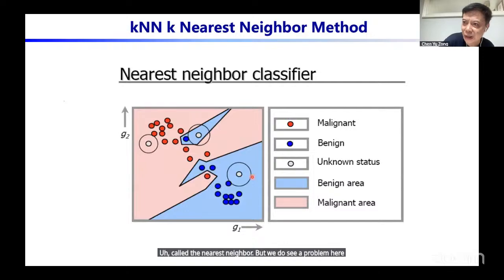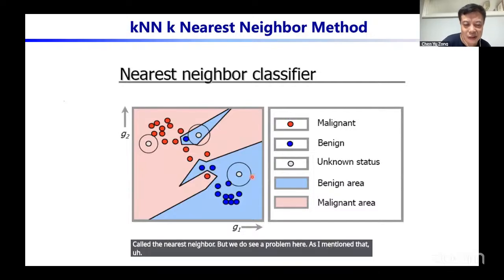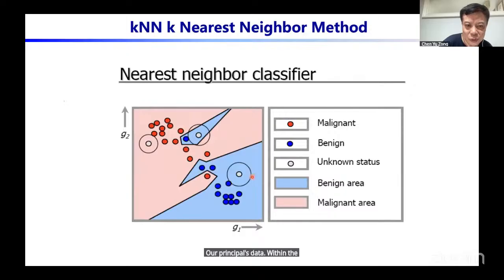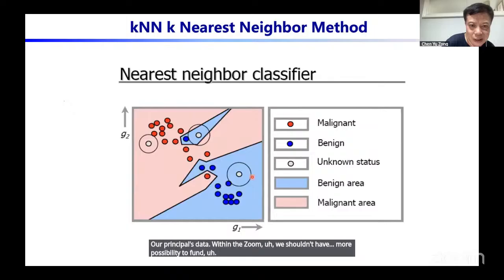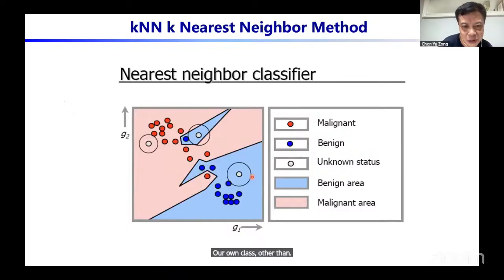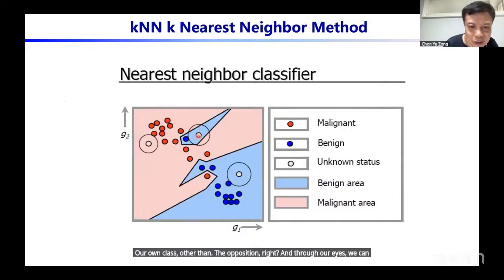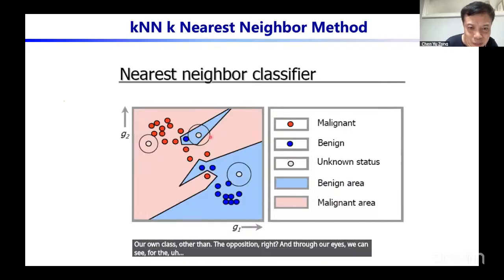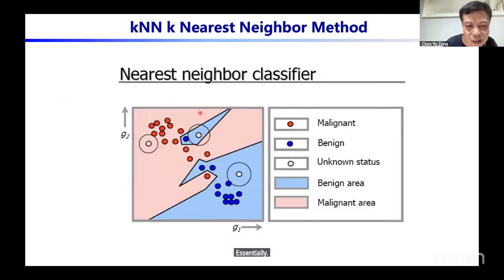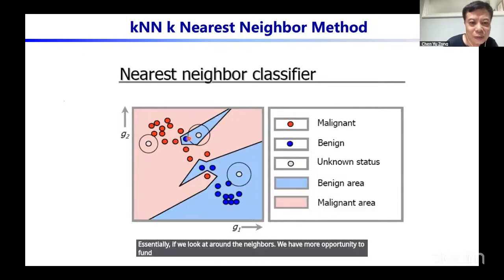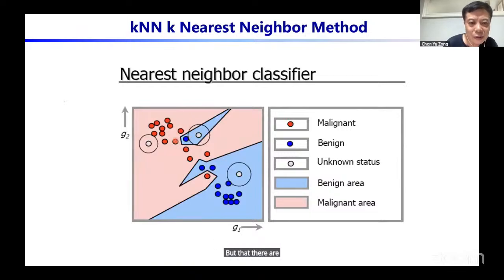As I mentioned, our principle is that within the zone, we should have more possibility to find our own class rather than the opposition, right? And through our eyes, we can see that for the white dot in the upper zone, if we look at the neighbors around, we have more opportunity to find the red dots rather than the blue dot, because there's only one blue dot, but there are multiple red dots.